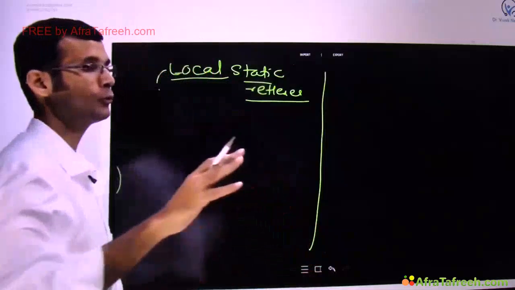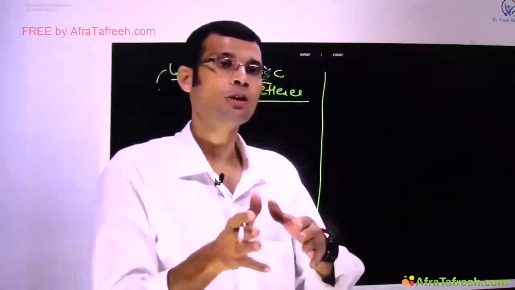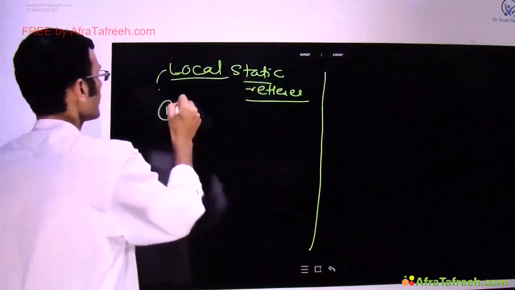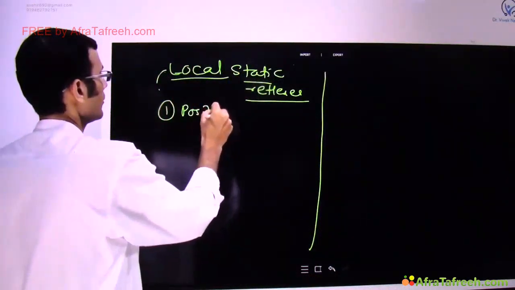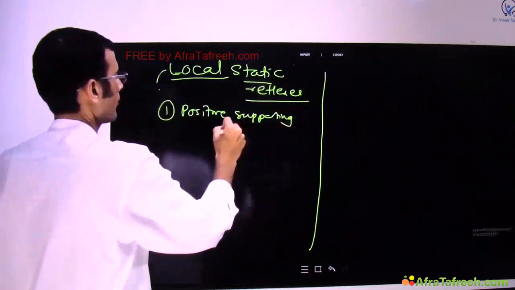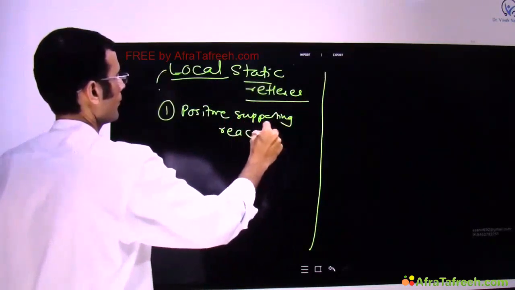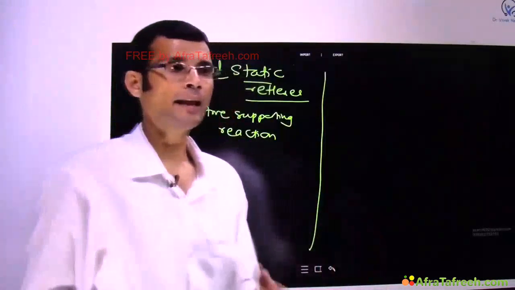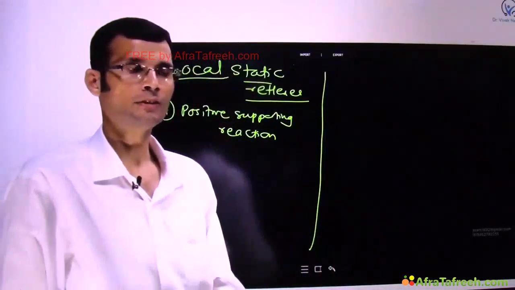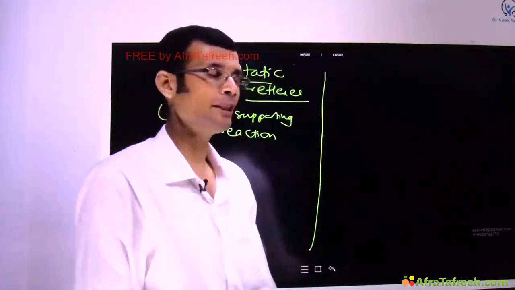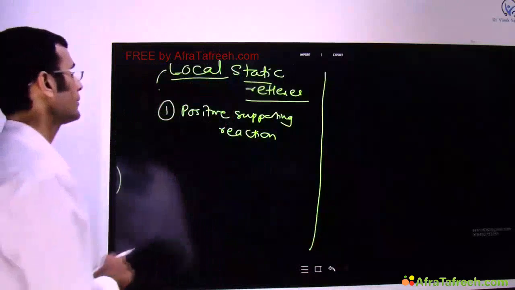Just one or two spinal cord segments, and that too one side of the spinal cord involved. So, positive supporting reaction. And remember, these are static reflexes, means the animal will be stationary and will be somehow maintaining the posture. So that's a static reflex.